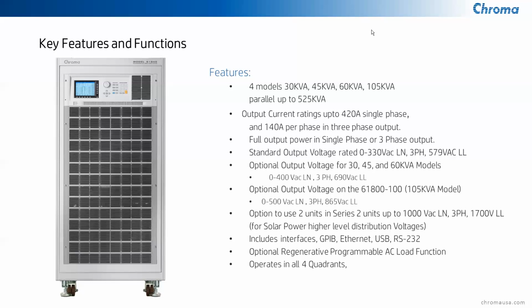And on the 105 kVA unit, we can go all the way up to 500 volts AC line to neutral, which gets you up to 865 volts line to line. And then there are even more options if you need to go to higher voltages. We can actually put these units in series to get you some amazing higher voltage outputs.